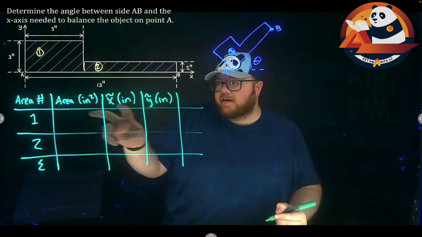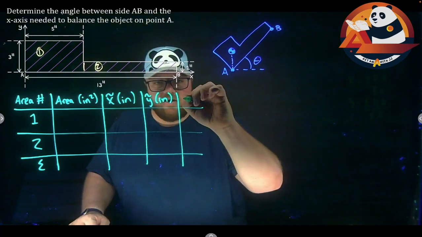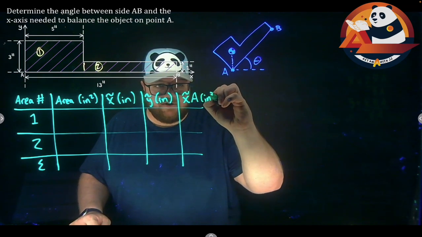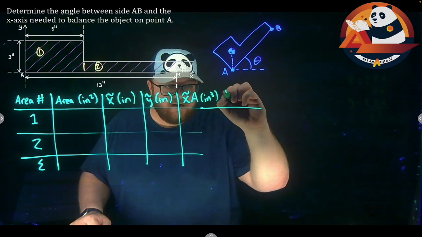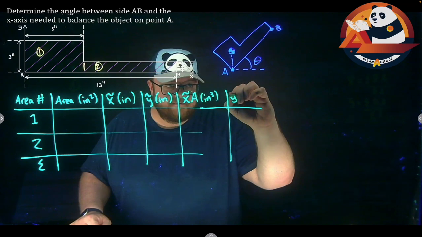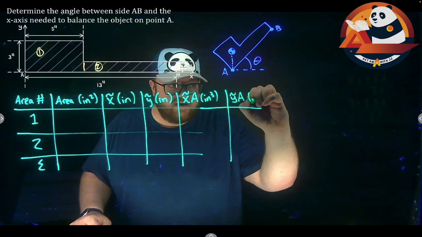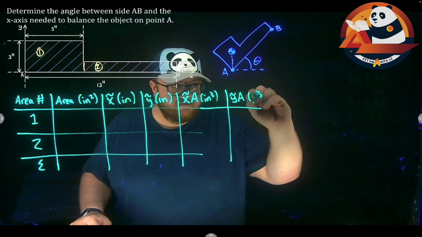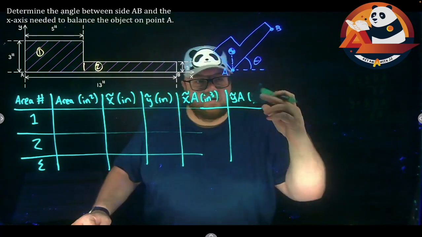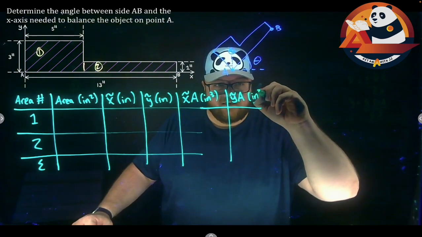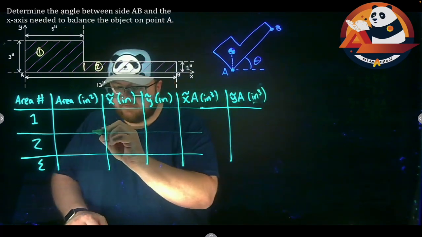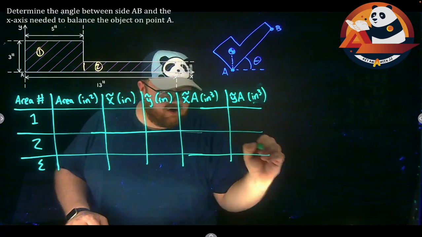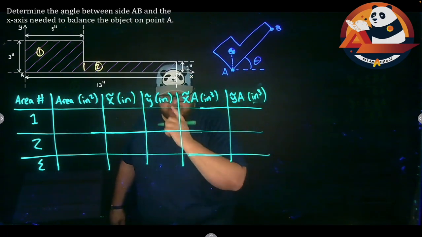With those known, I can multiply them by the area to get x tilde a in inches cubed and y tilde a, also in inches cubed. So we're just going to fill in this table, a couple of rows to fill in.